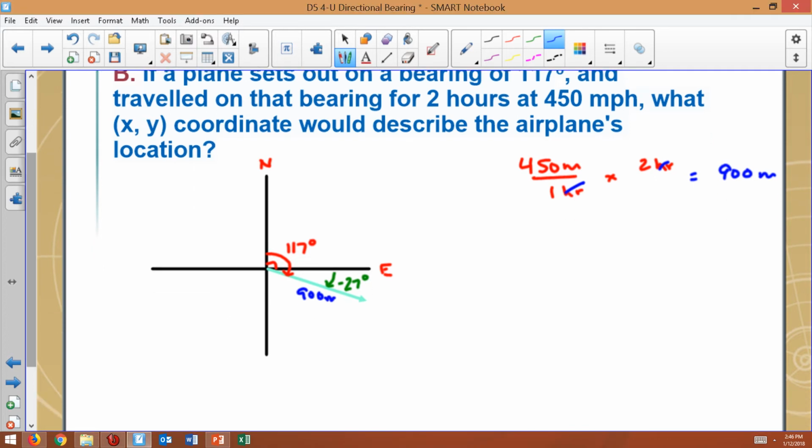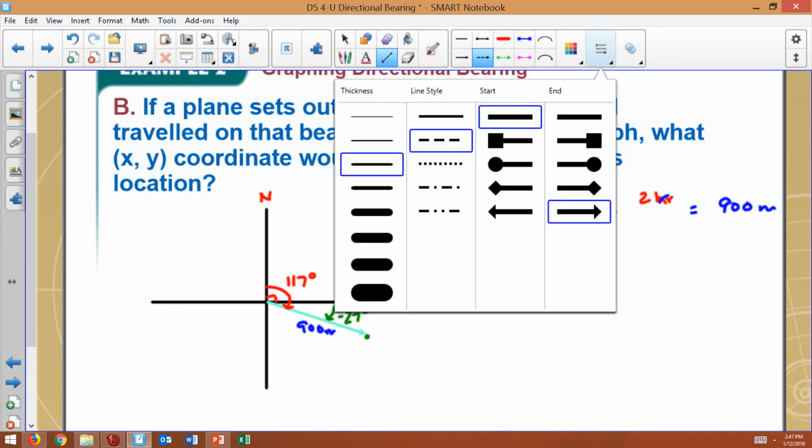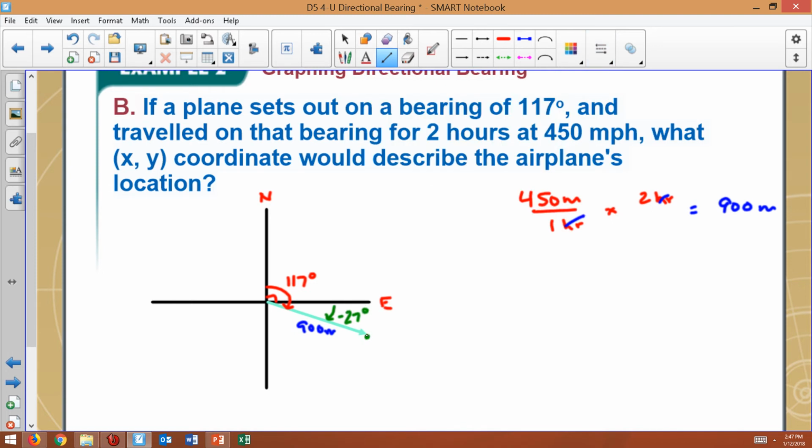Now the question is, what XY coordinate is that? That's what the question is. What XY coordinate is that? So there's some ways of doing this. First is to understand if we made this into a triangle, this is the algebraic way, if I made this into a triangle here, from this point there, I want to find what the x value is and what the y value is.